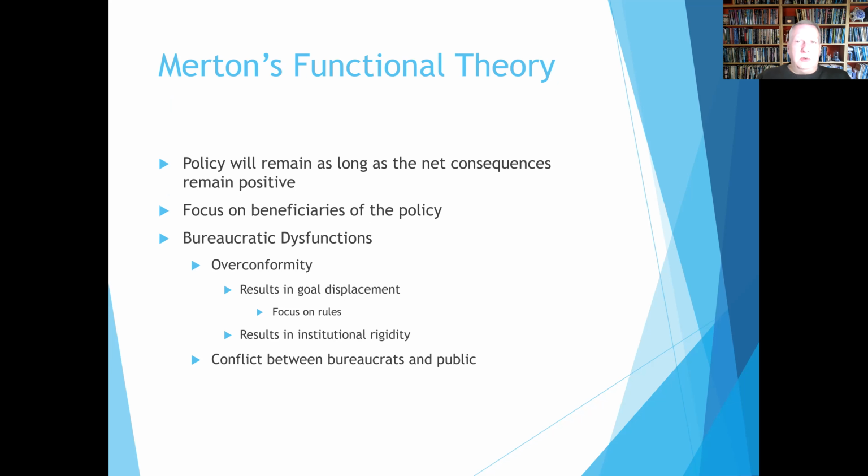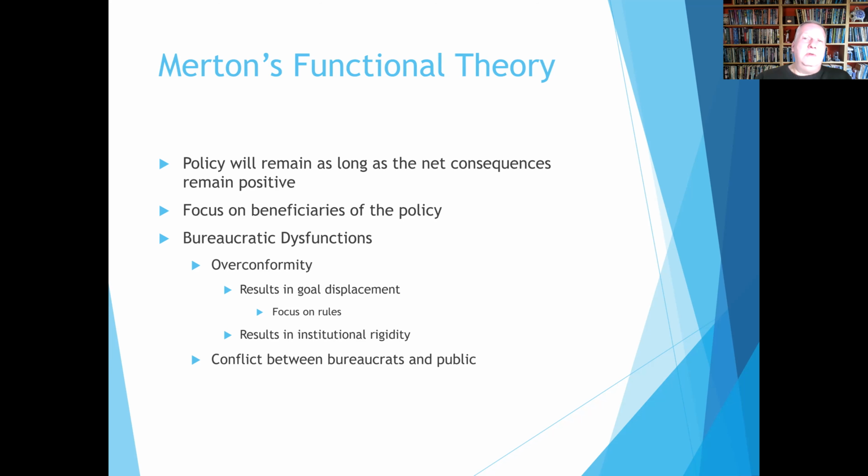Because Merton's functional theory will argue that a policy or a program, an approach, will remain in place as long as the net consequences of that policy or program remain positive. As long as it's producing positive consequences for beneficiaries, beneficiaries are going to continue to demand those policies and those programs.